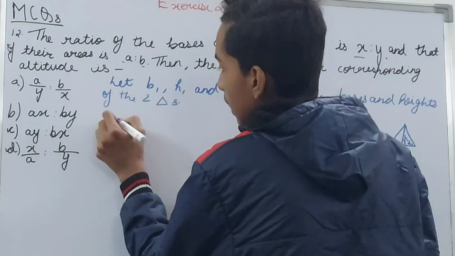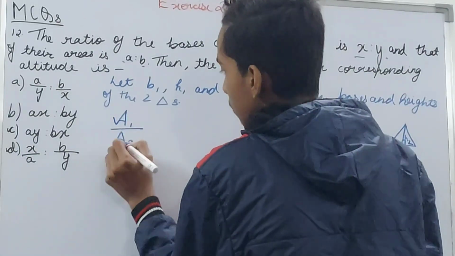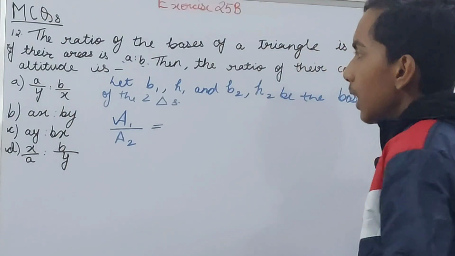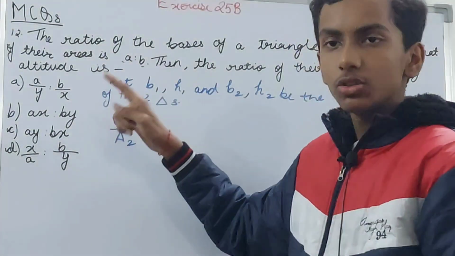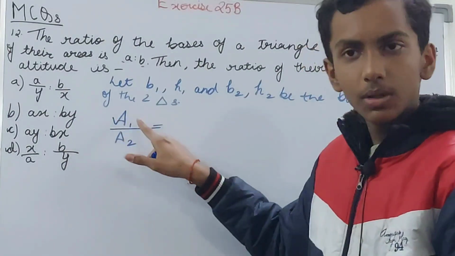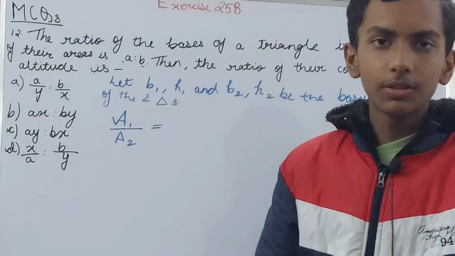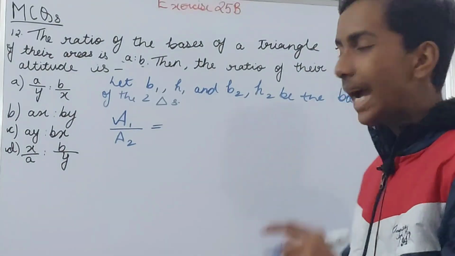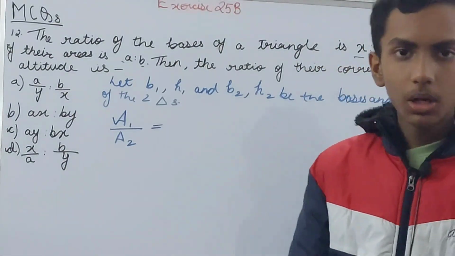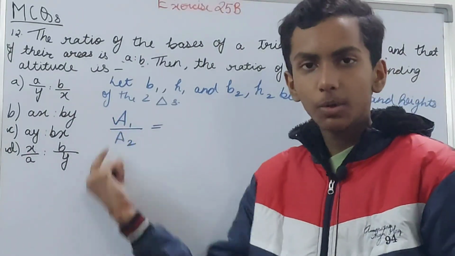And see, now for the ratio of their areas, a1 upon a2. In the place of area I have written a1 for the area of the first triangle, a2 for the area of the second triangle, and since it is a ratio I have put them in a fraction, one upon the other.